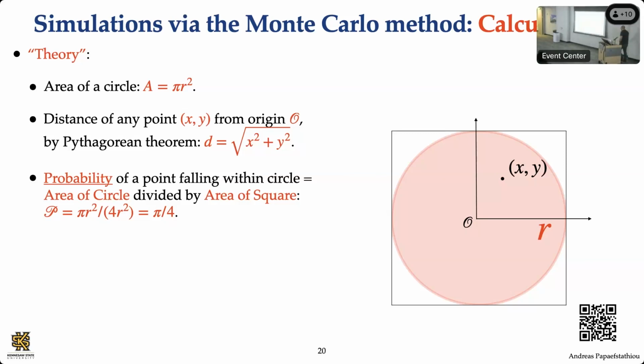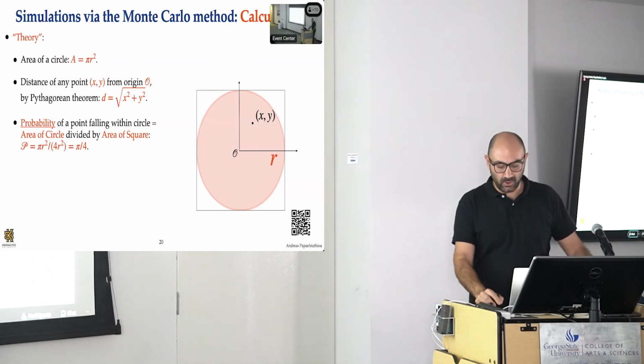Now if I enclose the circle in a square, imagine this circle has a radius r, so the square would have side 2r. If I pick a random point in this square, what is the chance that it will fall inside the circle? It will be the area of the circle divided by the area of the square. That's our theoretical component.